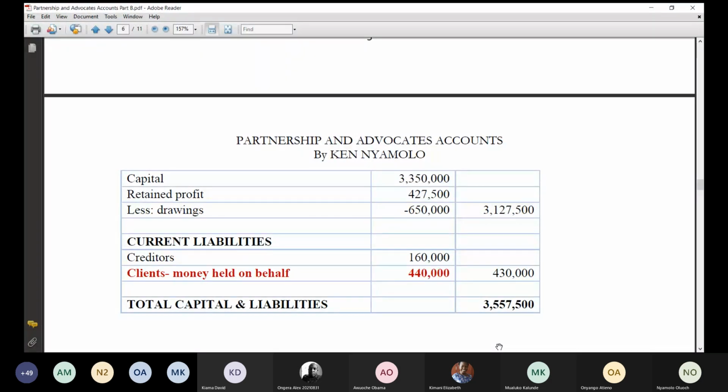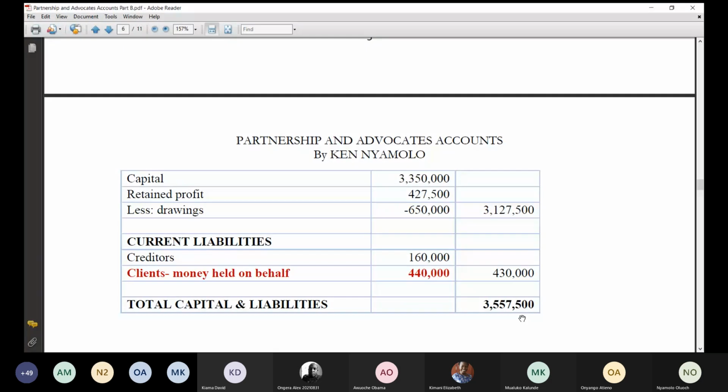And that is the client money that you are holding. It must reflect in the cash book and it must also reflect in the client's account so that this again comes and it shows as a liability.